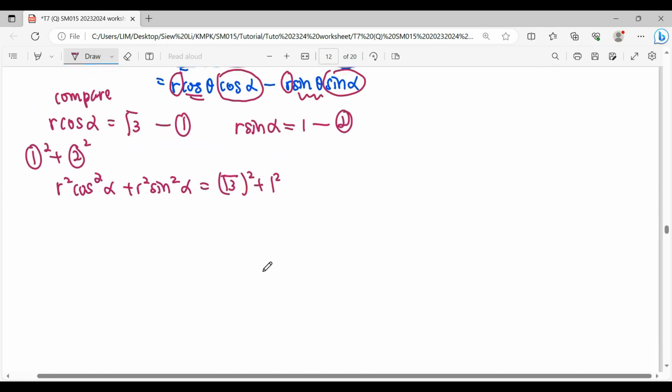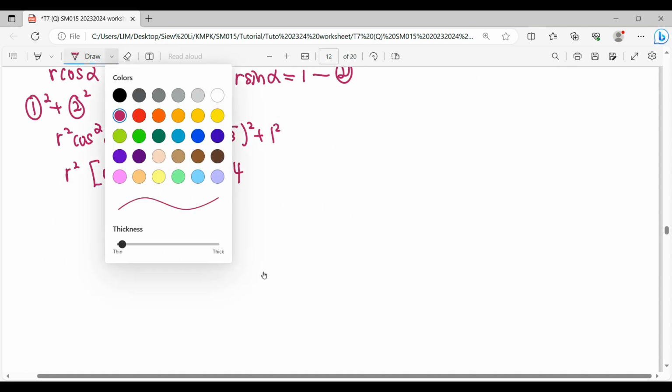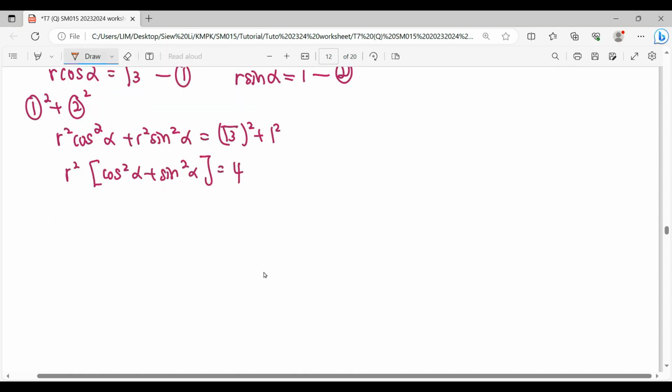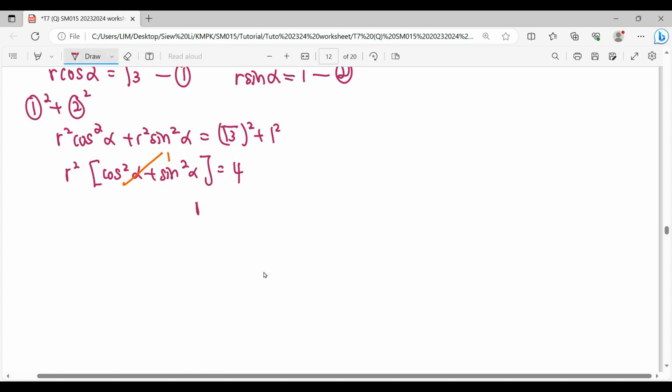From here, we can factorize r square, we get cos square alpha plus sin square alpha, which simplifies to 1. Therefore, r square equals 4. So r will be positive or negative square root of 4. Since the question says r is positive, r equals 2.